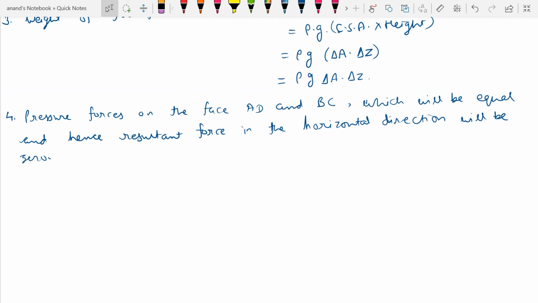Resolving the forces in the vertical direction.